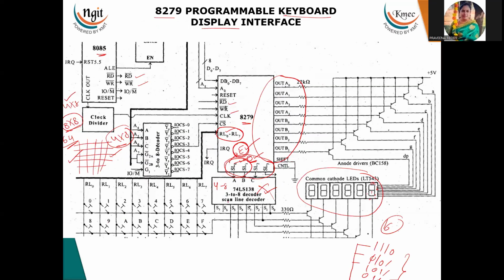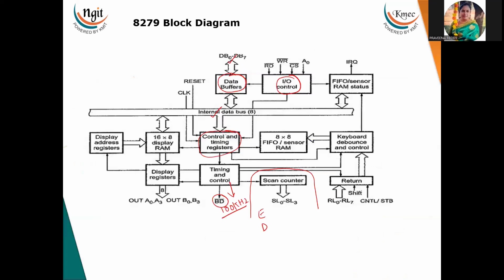If we are using an external IC to generate the 8 or 16 scan lines for the keyboard and display purpose, then that is called encoded. And decoded means no external IC is used. The internal decoder is there, with which these scan lines are generated and used for the display and keyboard. Now this is about the scan counter.